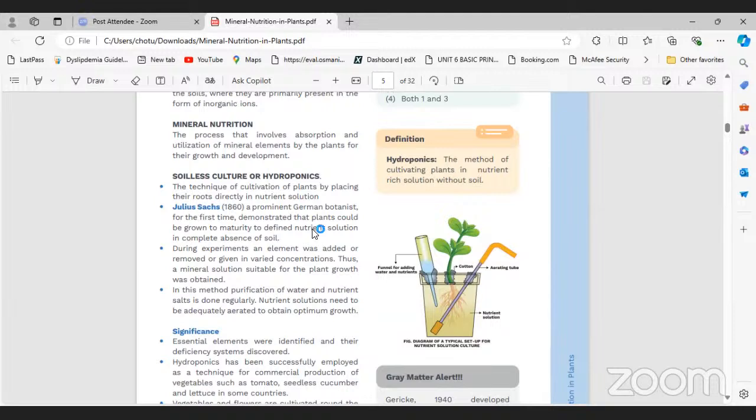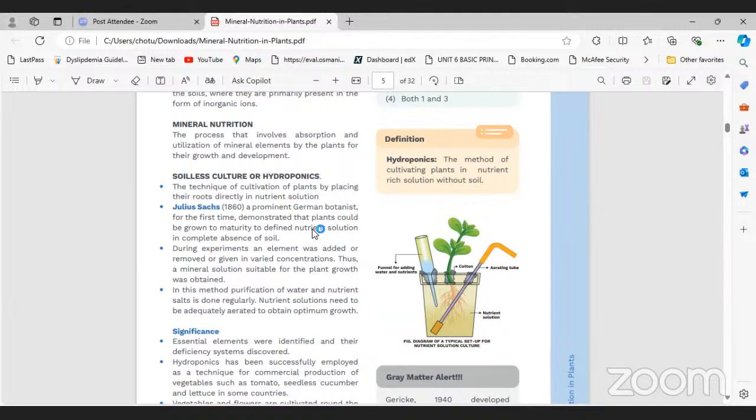Thus, a mineral solution suitable for plant growth was obtained. In this method, purification of water and nutrient salt is done regularly.